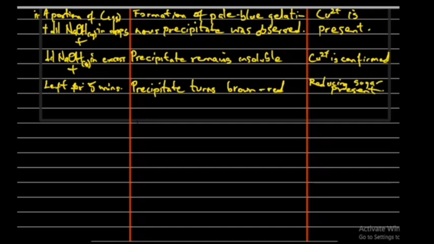In another test, we reacted our sodium hydroxide with heat. That is, after adding sodium hydroxide to our C, we expose it to heat. What we discovered there was that the precipitate turned brick red.